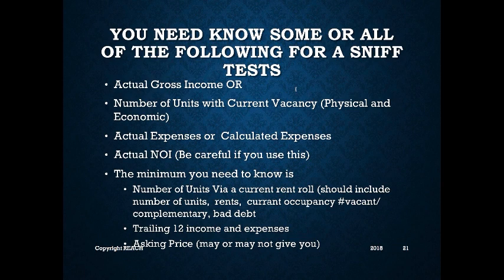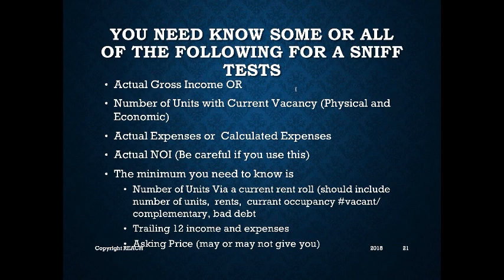Now, vacancy rate, typically what brokers and other people are going to do is give you the number of units that are not occupied, that are physically not occupied. That is the physical vacancy. Unfortunately, we have something that's known as the economic vacancy as well.